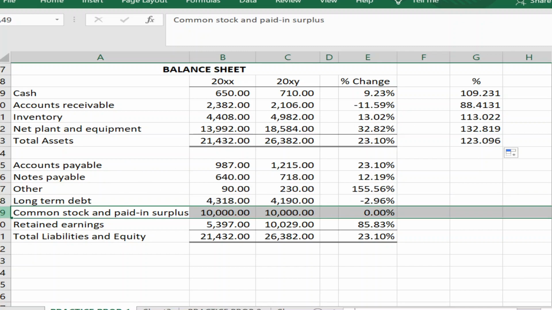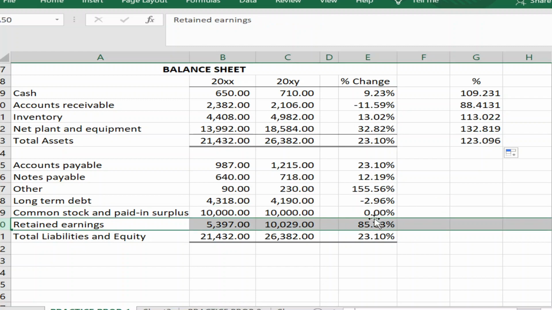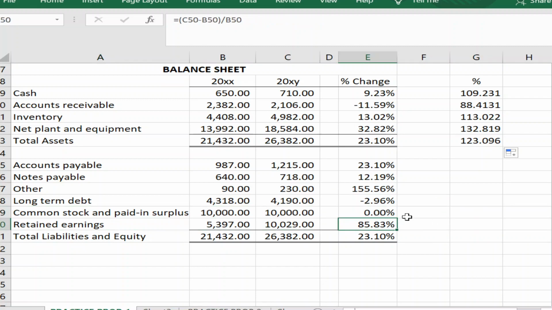For the common stock and paid in surplus, they did not sell for this year. There was no increase, or perhaps they sold common stock but then they acquired it back, that's why there's no change as of the end of the year. For retained earnings, we can see that it has increased immensely, at 85.83%.